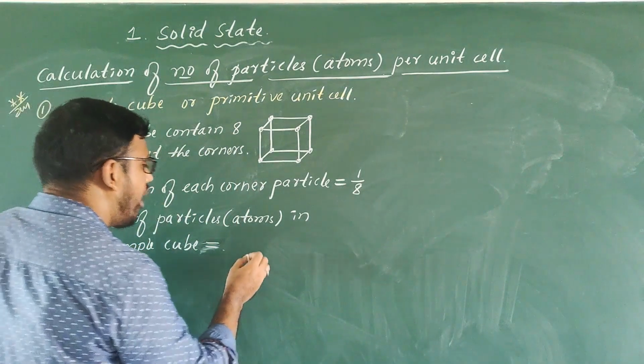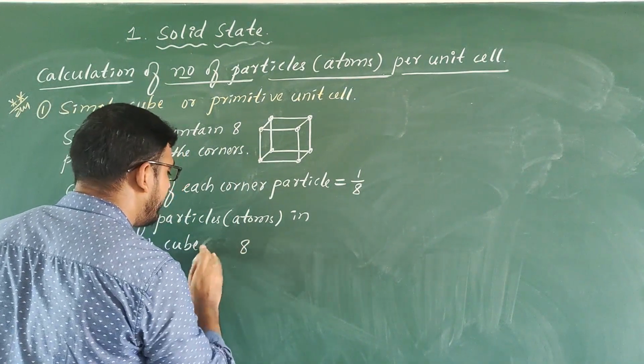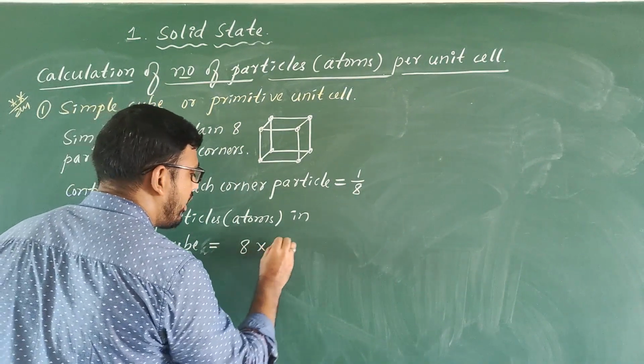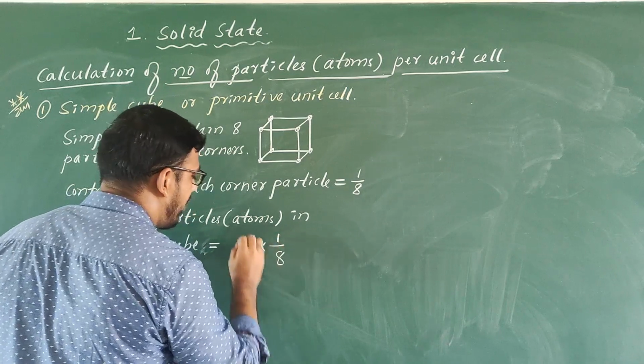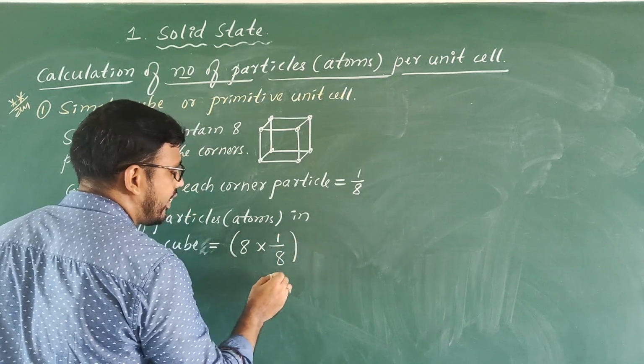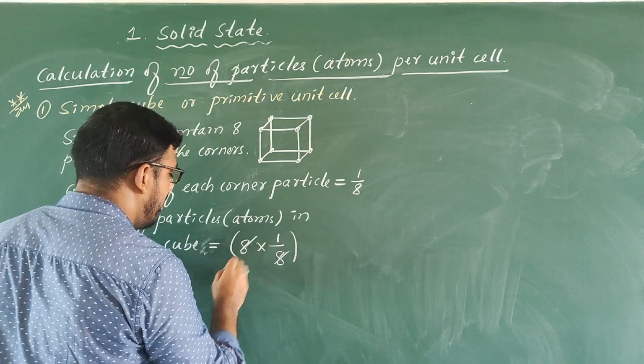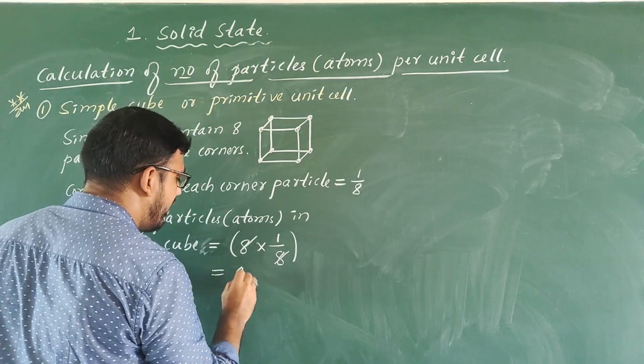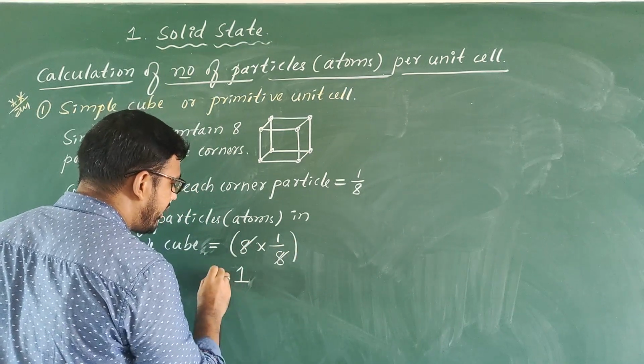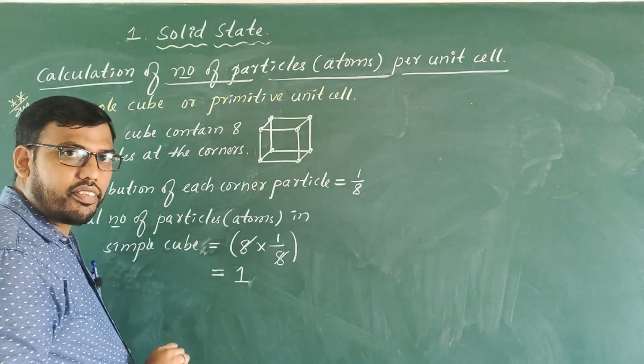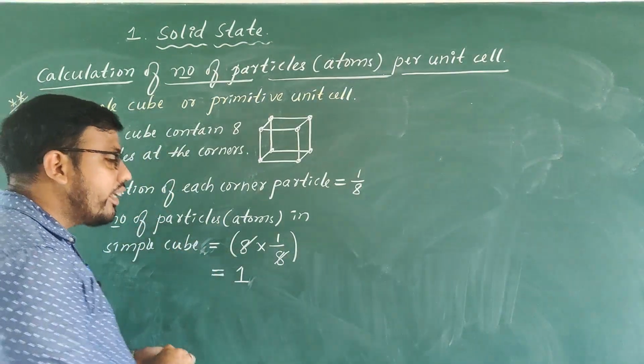How many particles are there at the corners? It is 8. What is their contribution? 1 by 8. So the number of particles is equal to 8 into 1 by 8. So the number of particles in a simple cube is exactly 1. It is 1.